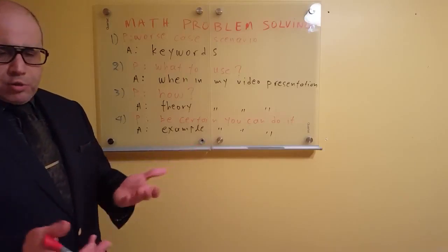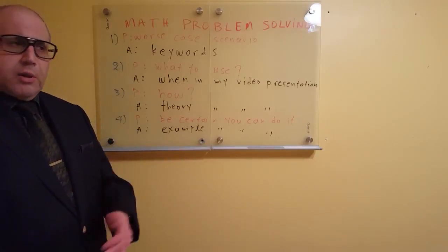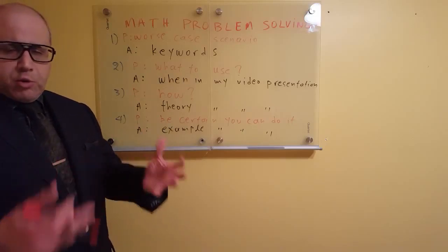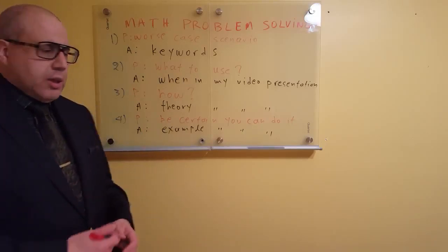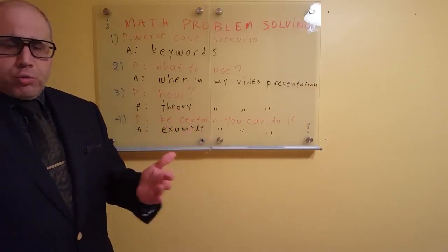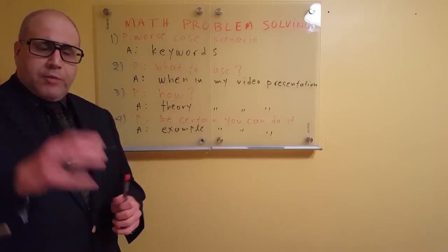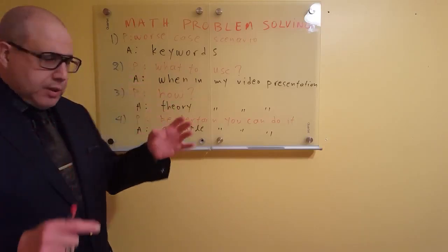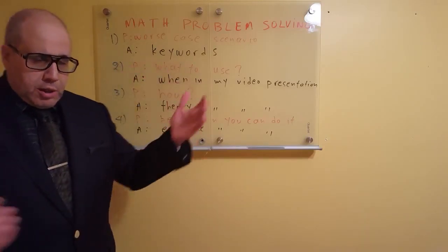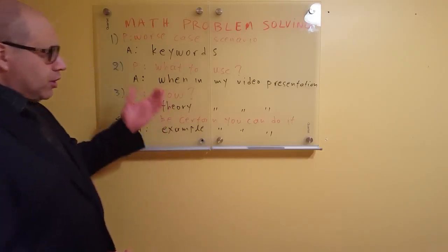There are so many rules about derivatives, and sometimes you have to combine a lot of them. So you have to know which one to choose. So that's what I mean with what to use. You know what you have to do. Let's say you have to find the derivative, but you have to find what rule or rules of differentiation you have to use.